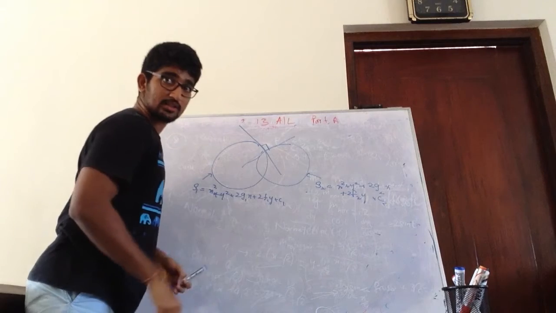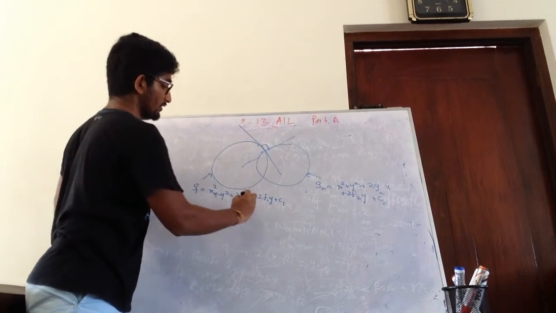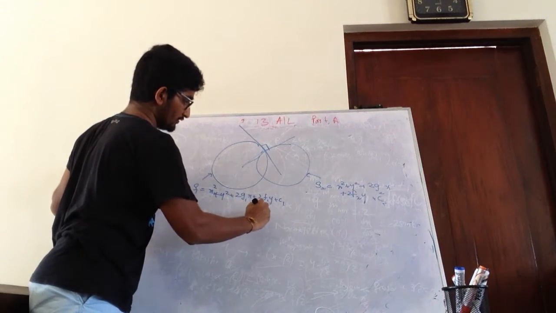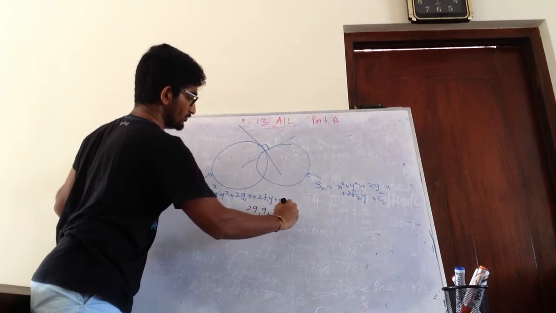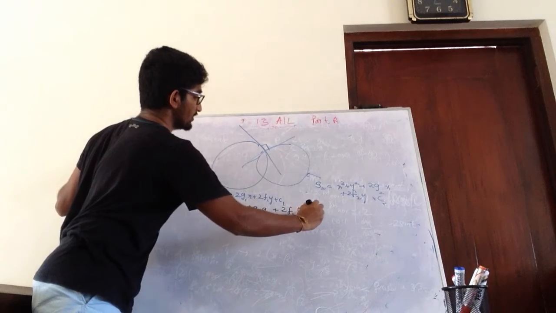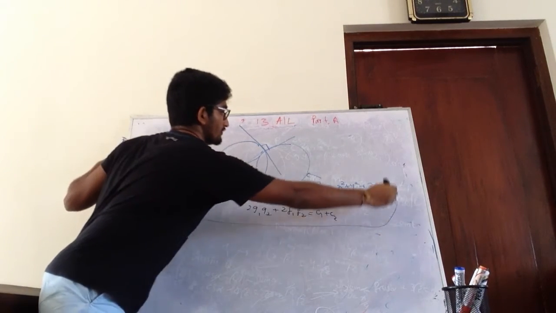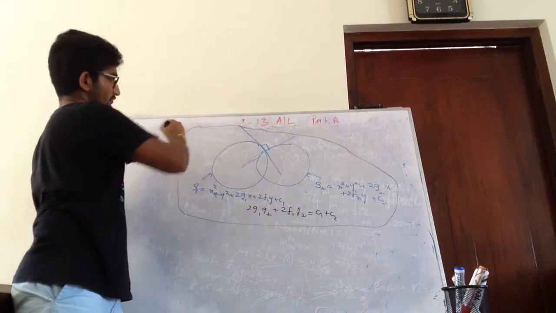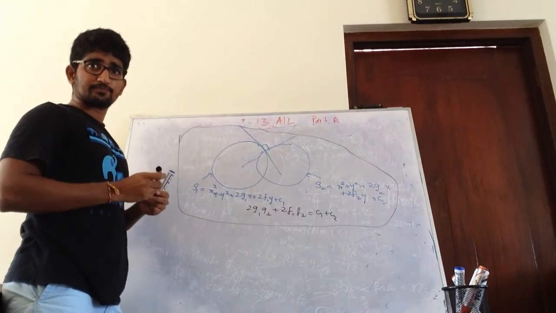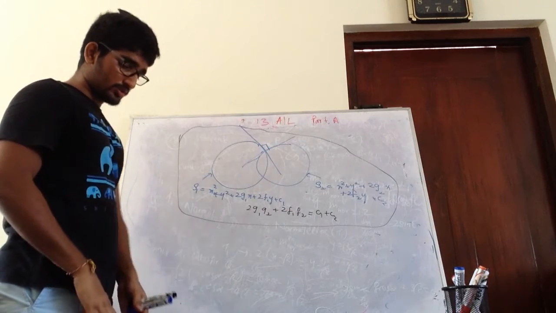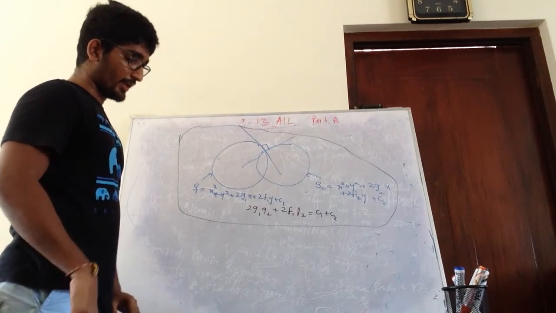Then if this is orthogonally intersected, then what? 2g1g2 plus 2f1f2 will be equal to c1 plus c2, right? So this is the theory, correct? Right? So now let's do the sum.